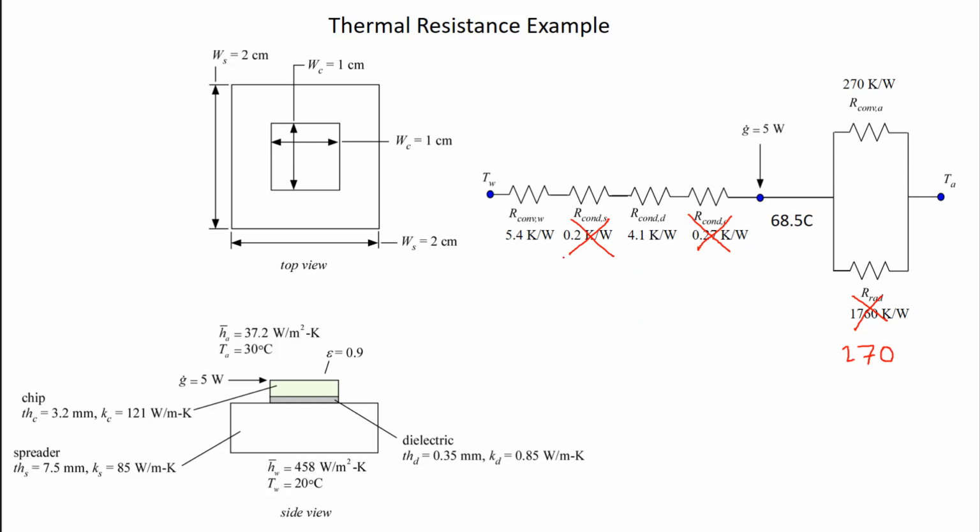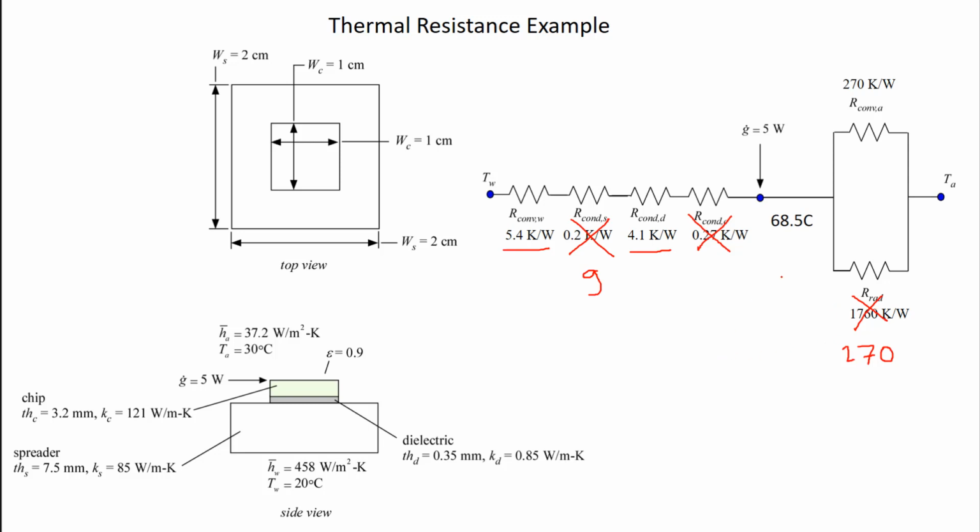The 2 resistances that are important are actually the convection resistance to the water and then the conduction resistance across that thin but not very conductive dielectric layer. So this path has a total resistance of 5 plus 4, something like 9. So I've gotten rid of 3 resistances, 3 physical phenomena that just aren't very important.